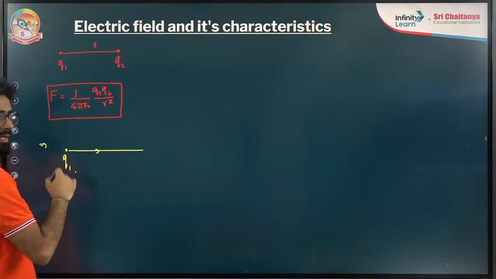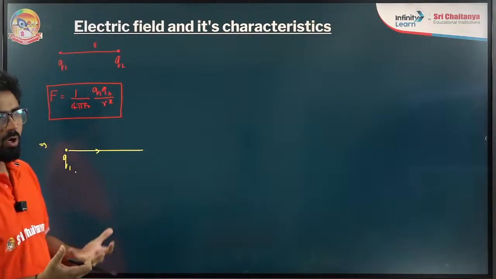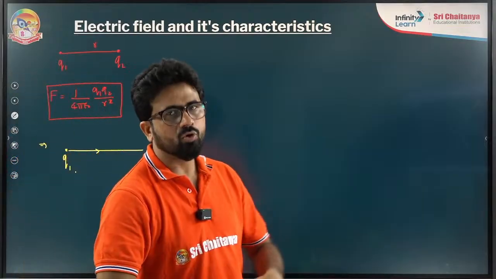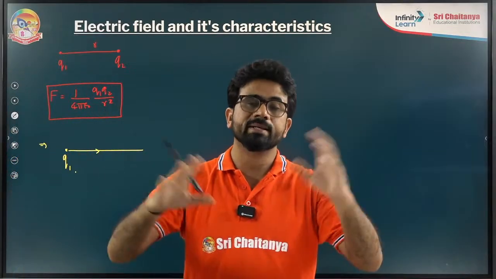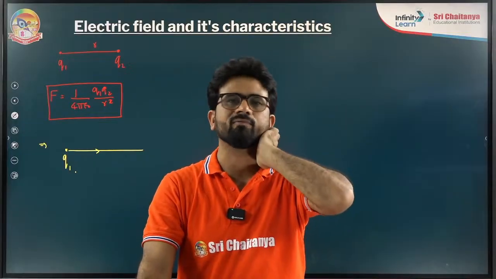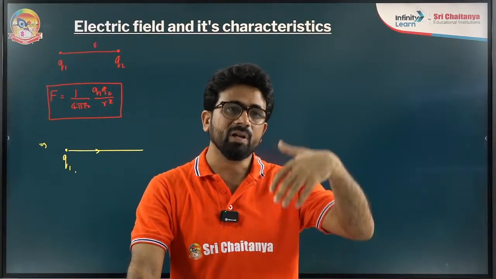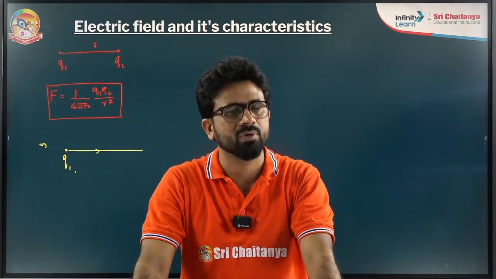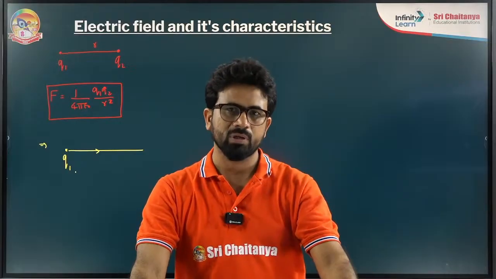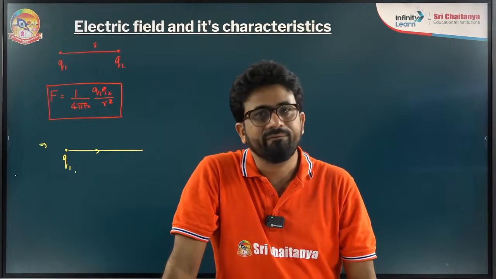I'm repeating again: charge q1 is creating its own aura, we can say its own environment, in its nearby space. If any other charge comes into that surrounding, it will experience an electrostatic force. That aura created by q1, we call it field.